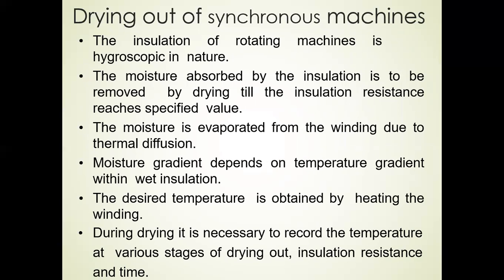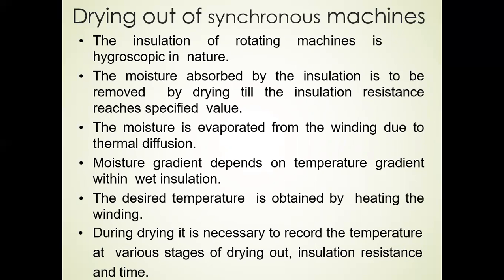Next topic we are going to see is drying out of synchronous machine. The moisture absorbed by the insulation is to be removed by drying till insulation resistance reaches the specified value. Here it is insulation resistance, okay. We have the test also for measuring the insulation resistance.